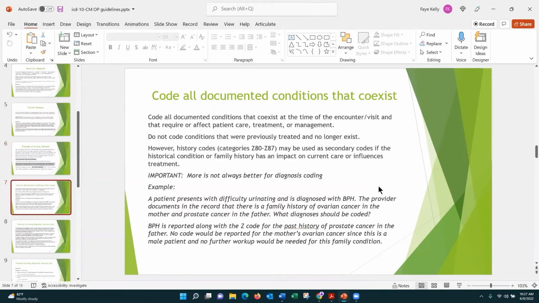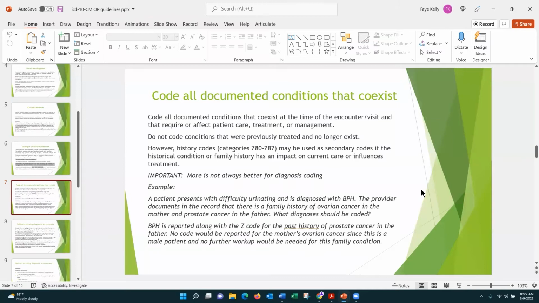All right, let's move to code all documented conditions that coexist. These are sounding kind of like each other, don't they? It seems like a lot of guidelines are running together. But there is a reason for each one of them, because they specifically address a different condition.